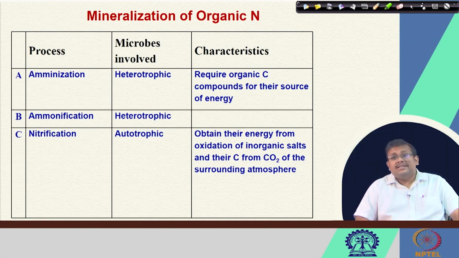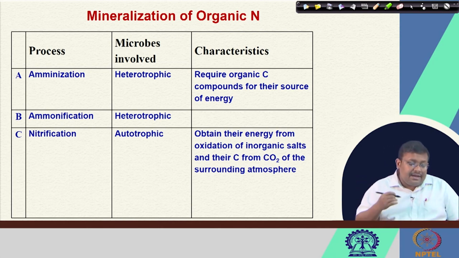If we look at the important nitrogen processes in the soil, as well as the types of microorganisms involved and their characteristics, we can get a detailed overview from this table.